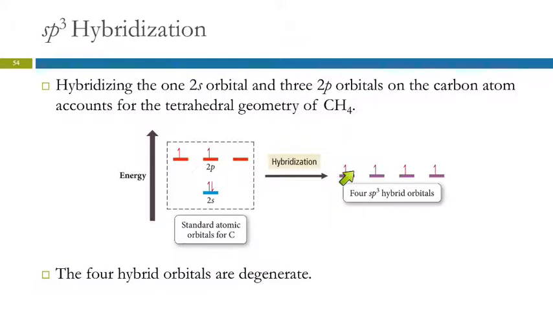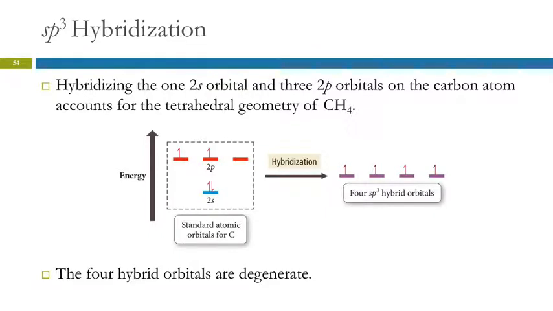And as you can imagine, the energy of these hybrid orbitals is between the energy of the unhybridized orbitals. So we end up with four hybrid orbitals. And because this is a combination of an s and three p orbitals, we gave it the very creative yet descriptive name sp3. It's got an s and three p orbitals.